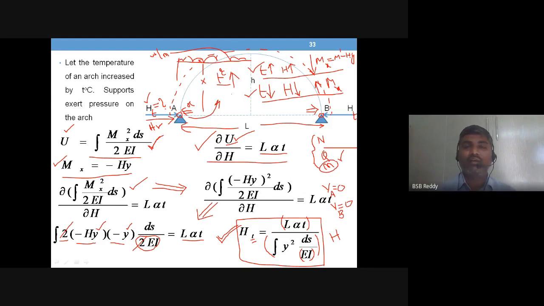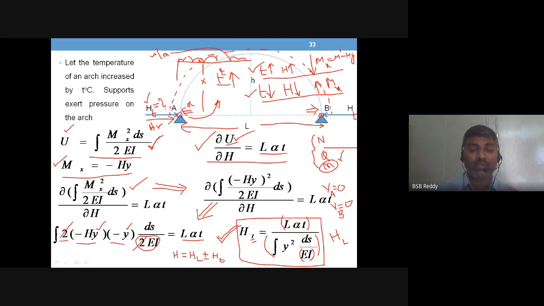I have to have a different notation for this: final or total H if temperature is there. So H due to loads plus H or minus H due to temperature, that I have to perform when you have both loads and temperature.